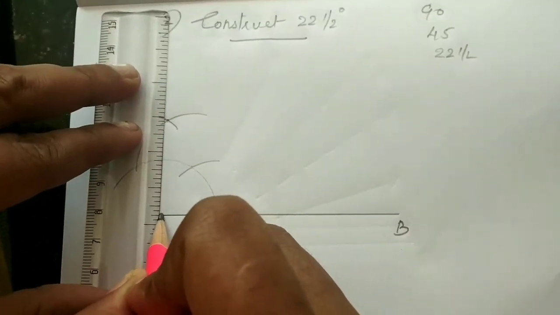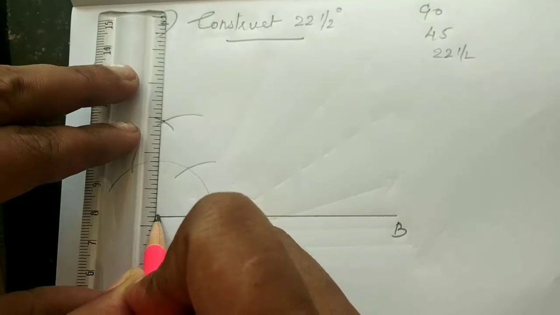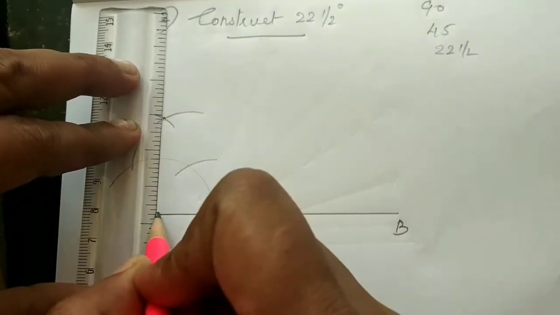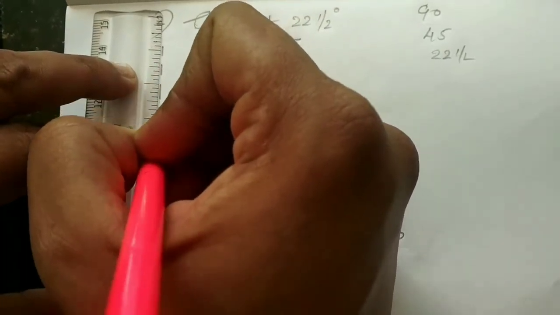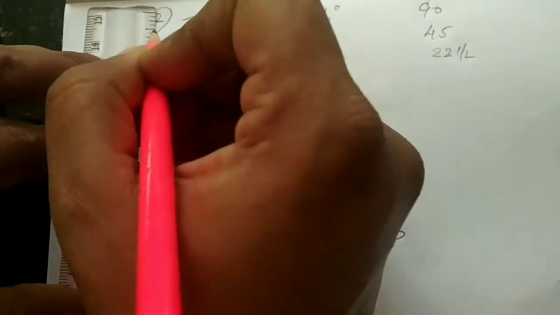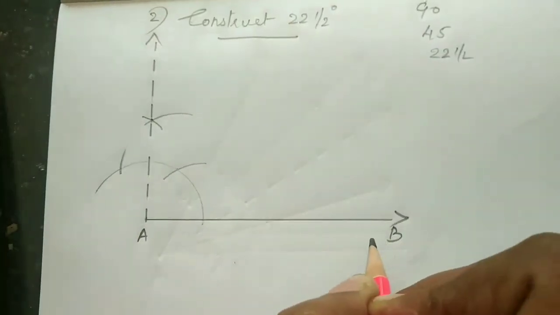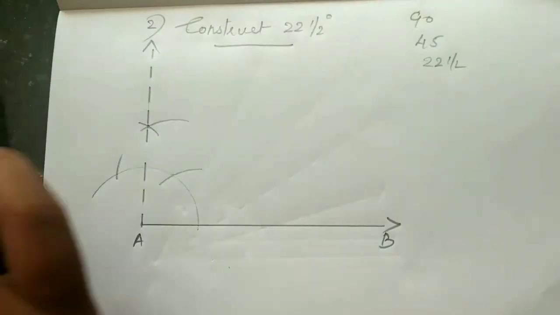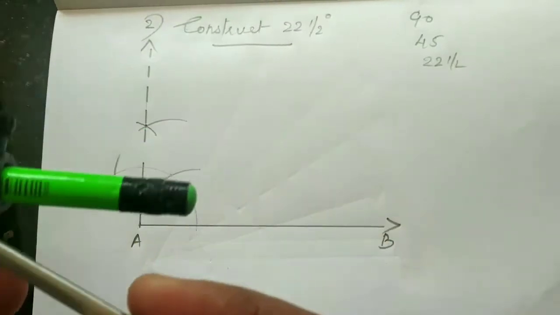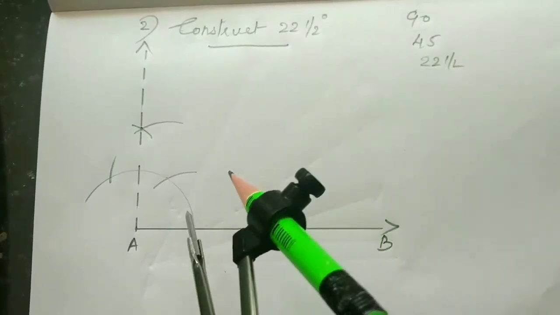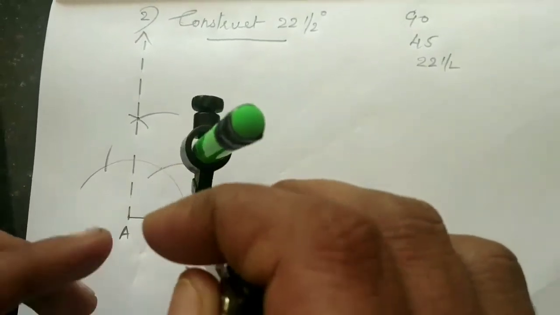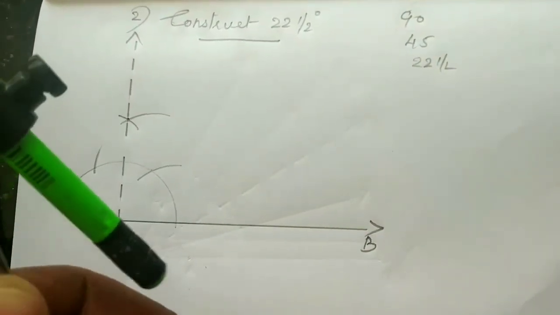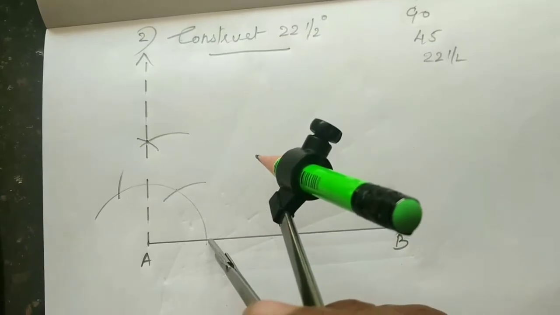We need only 22.5 degree. So for this 90 degree, draw the line using only dotted line. Okay. Close the arrow mark. Now find the bisector of this 90, that will be the 45 degree. So put the tip of the compass here, draw an arc using a convenient radius.